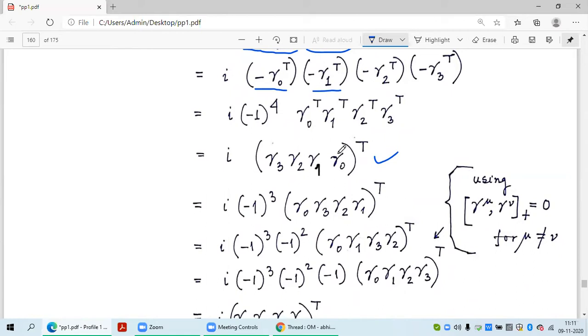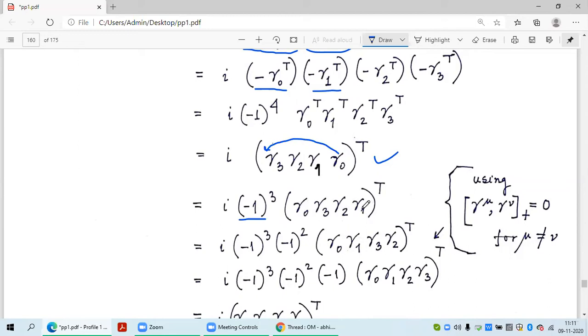So you have to bring this in front first, and to bring this in front you have to exchange with 3 gamma matrices. Gamma 0 commutes with itself, but it anti-commutes with all other gamma matrices, gamma 1, gamma 2, gamma 3. Therefore when you bring it to the front 3 times, you have to use the anti-commutation relation, so 3 minus signs will come. So gamma 0 will come in front.